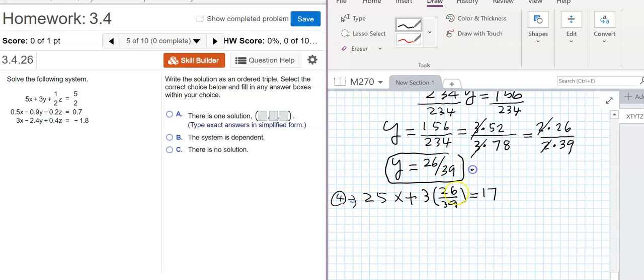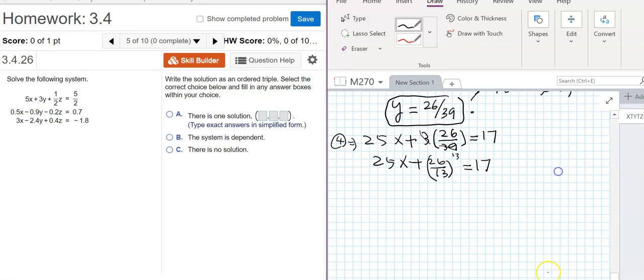I substitute this y. So 25x plus, 3 cancels with this, this is 13. So this is 26 over 13 equal 17. But what is 26 over 13?